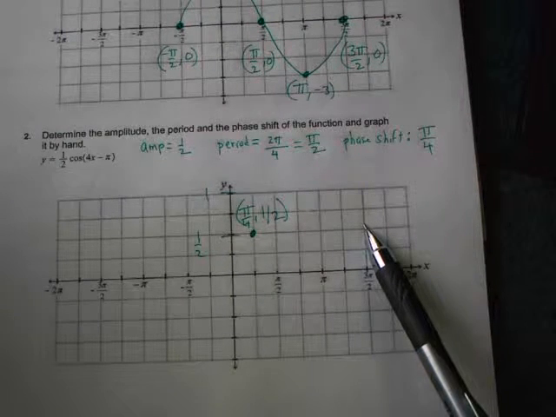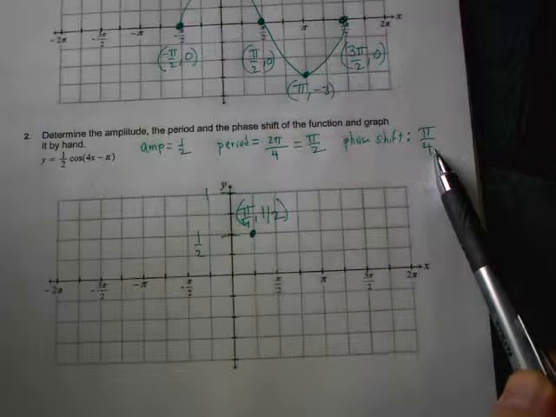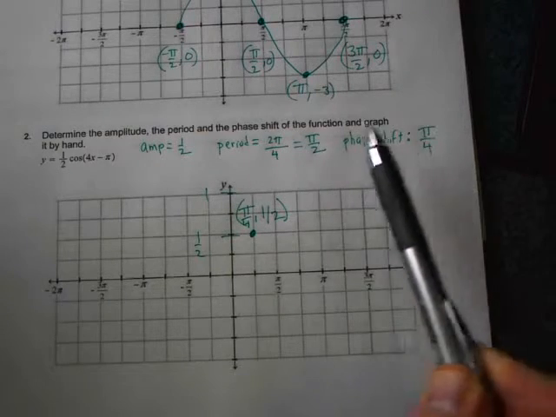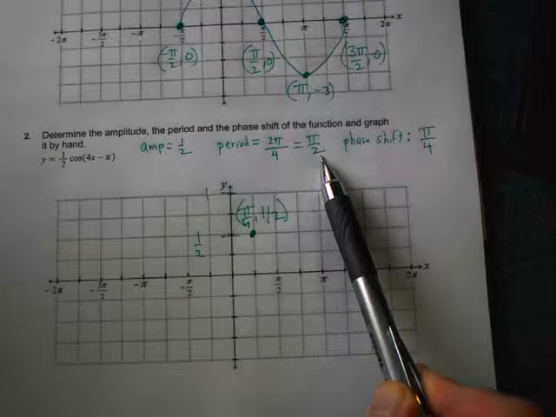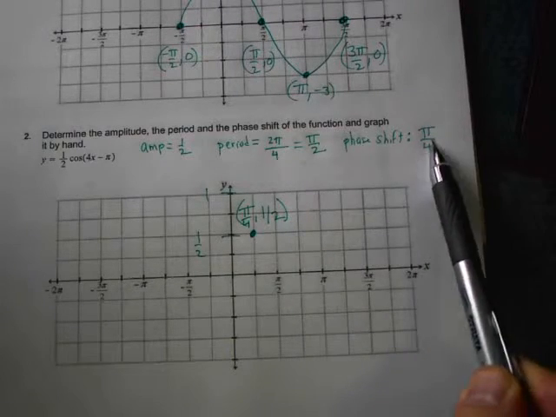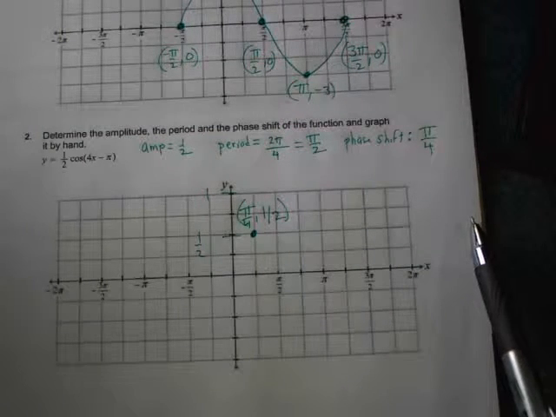That's called, begins with a P, period. So I'm starting at pi over 4, and I end pi over 2 later. So if I start at pi over 4 and I have to go to the right pi over 2, where am I ending?